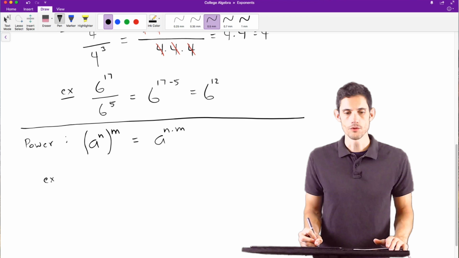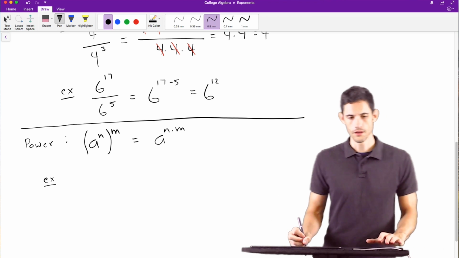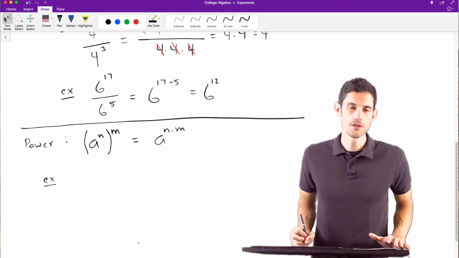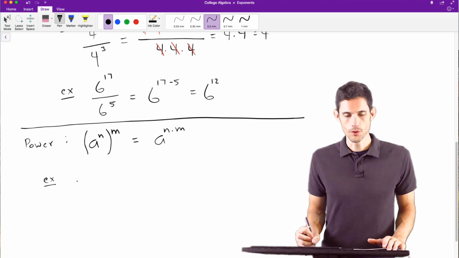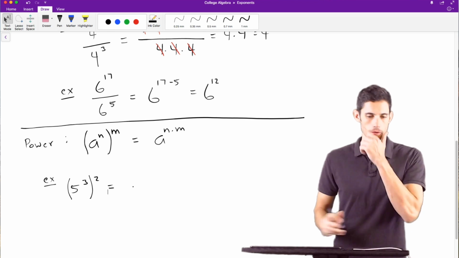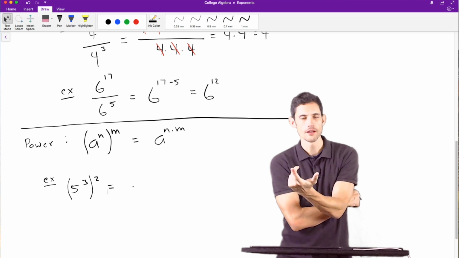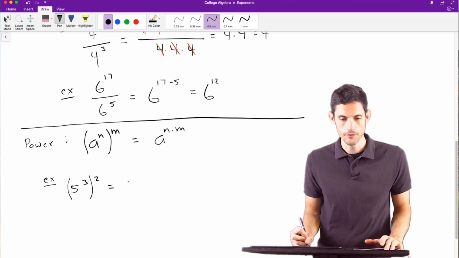For example, and if you forgot this rule, this would be an example that you come up with to help yourself remember the rule. Let's say I just have small numbers, let's say 5 raised to the power 3, and all of that raised to the power 2. Without knowing the rules, I know what a square means, right? A square means I'm multiplying that quantity by itself.